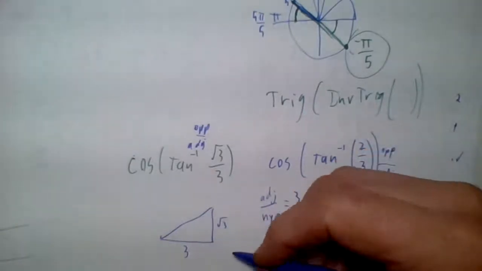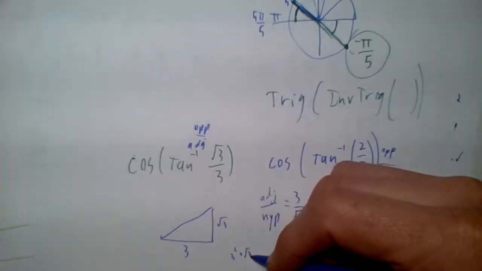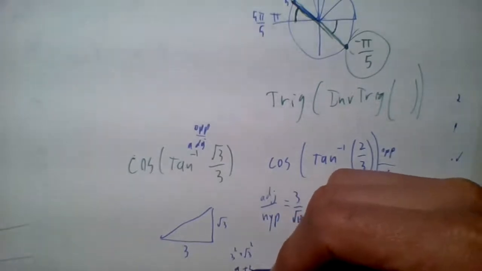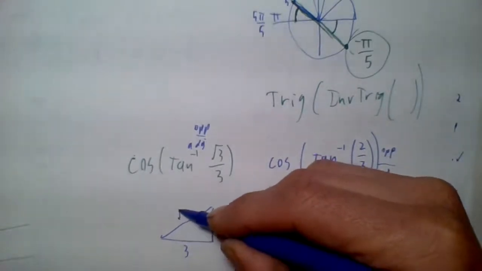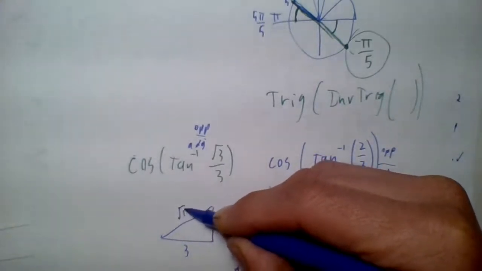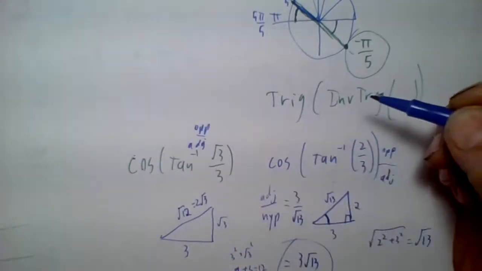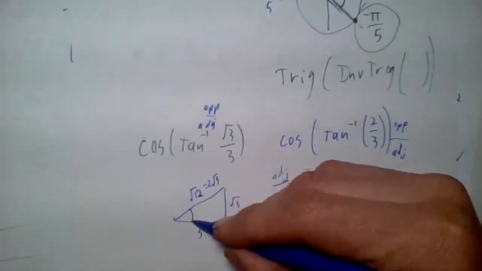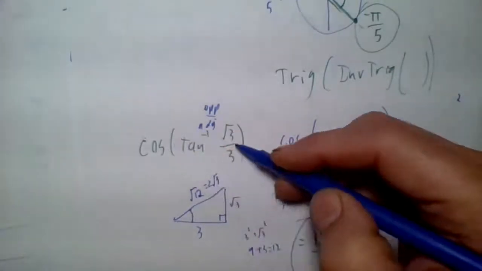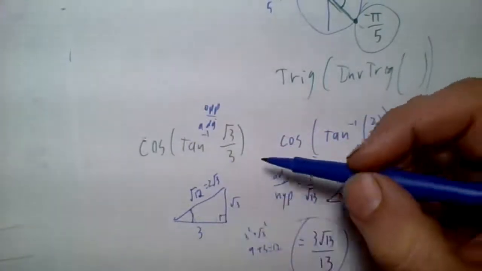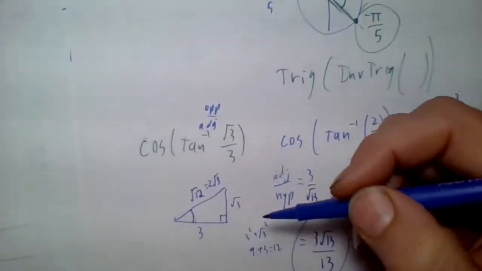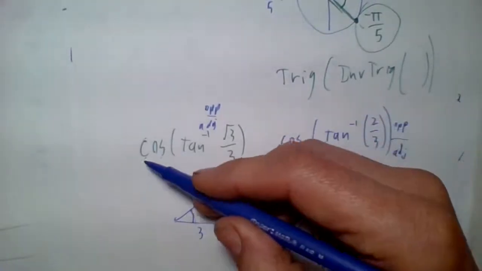This is going to be 3 squared plus square root of 3 squared. So that's 9 plus 3 is 12. So the hypotenuse is the square root of 12. I can simplify that some. Those are the three sides. This is the angle I'm talking about. This is the angle inverse tangent of that. The cosine is adjacent over hypotenuse.